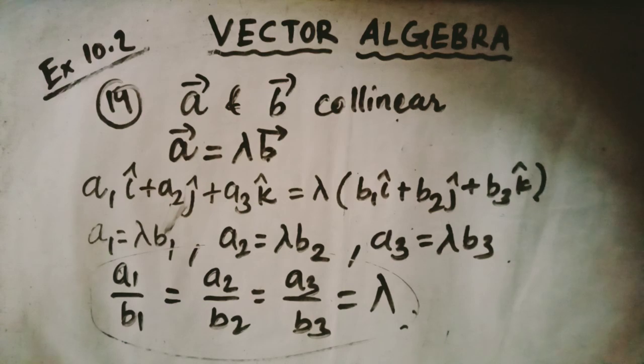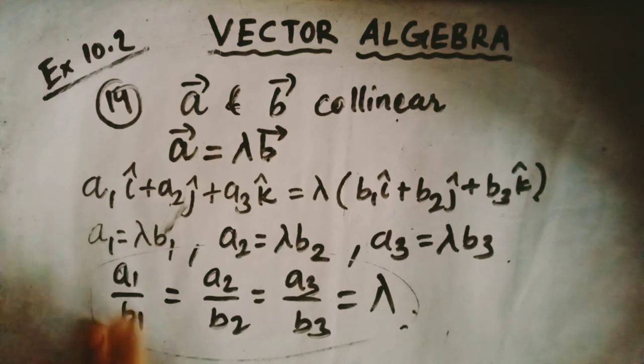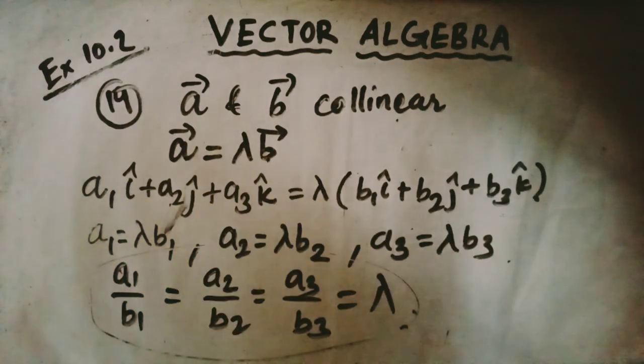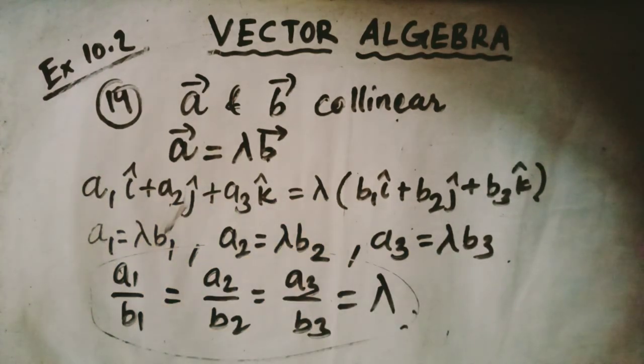Both vectors a and b have the same direction but different magnitudes is the remaining option. If they have different directions, then this proportionality will not be proved. So this D option is wrong.